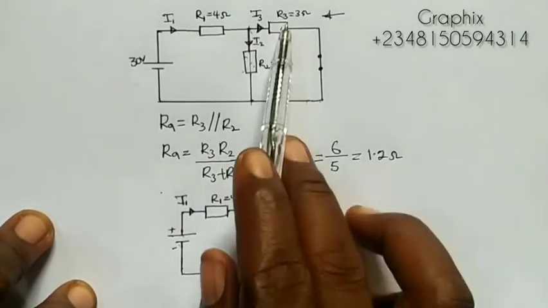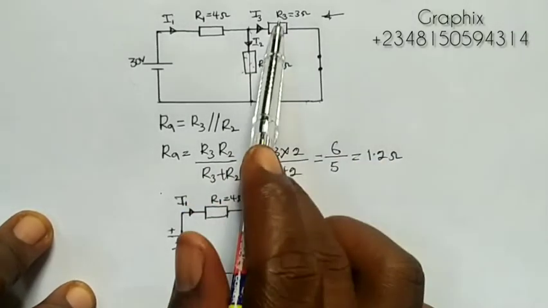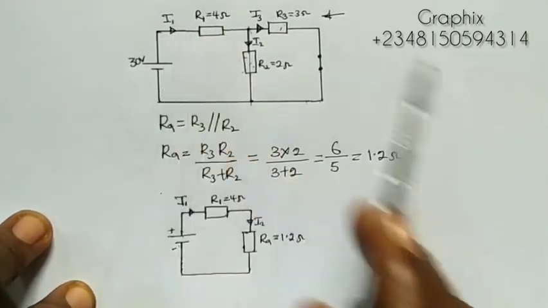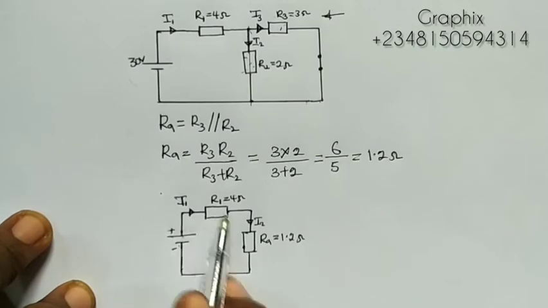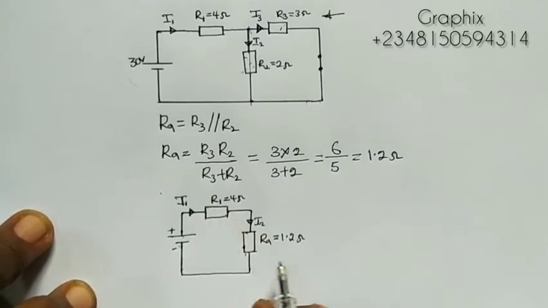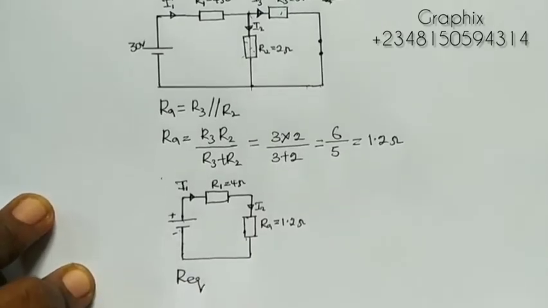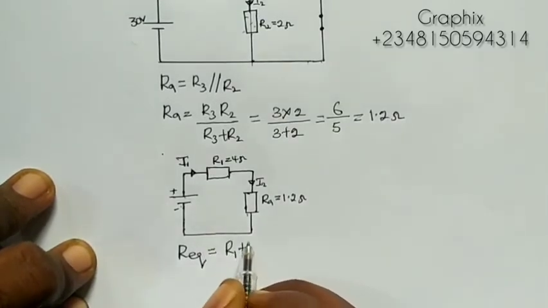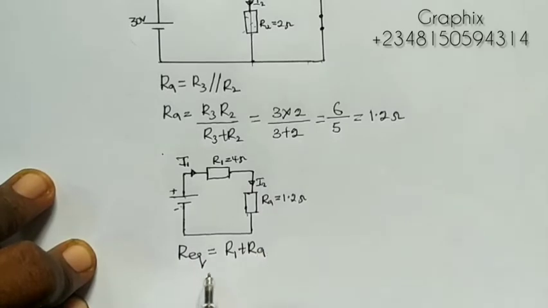Now, since I've solved these two in parallel, they are now 1.2 ohms. Both of them in parallel are now in series with R1, because this circuit is not sharing any current. It's I1 that is flowing through everything here. So these two are in series, and my R equivalent will be equal to R1 plus RA.